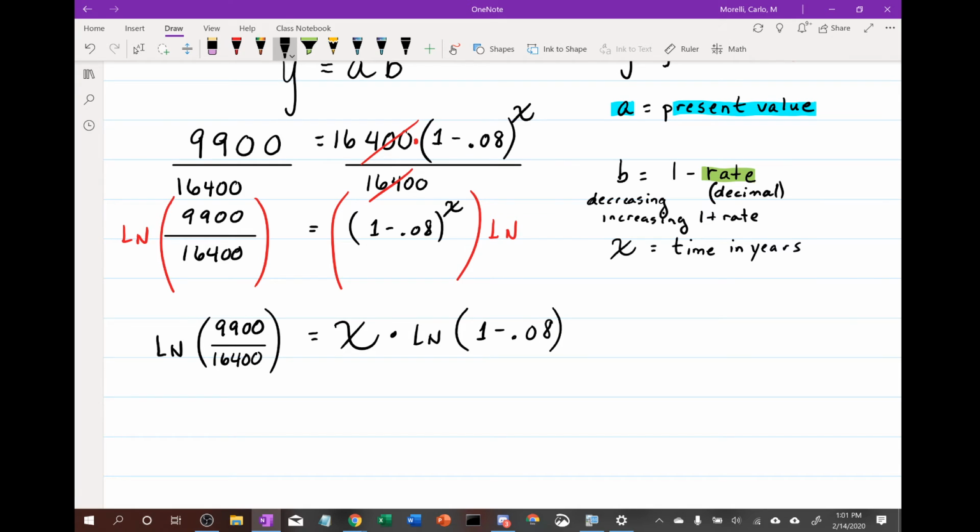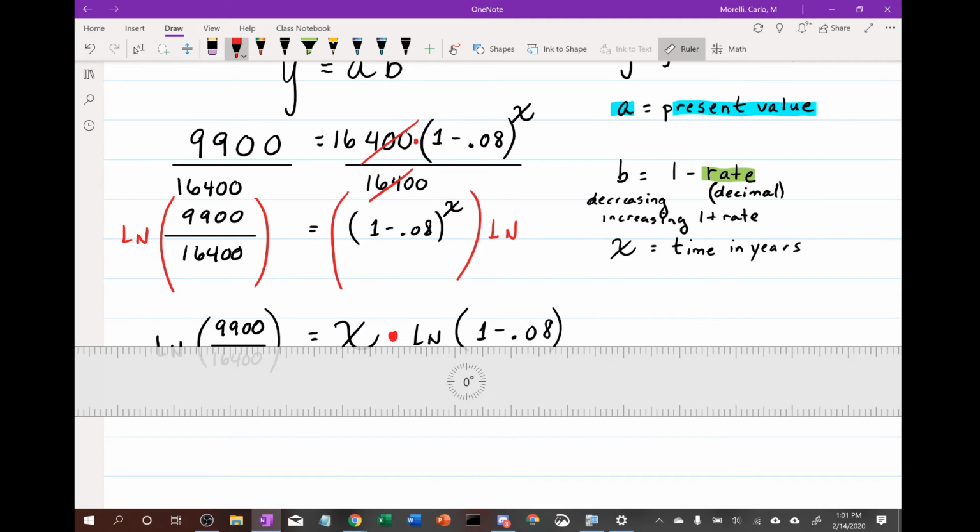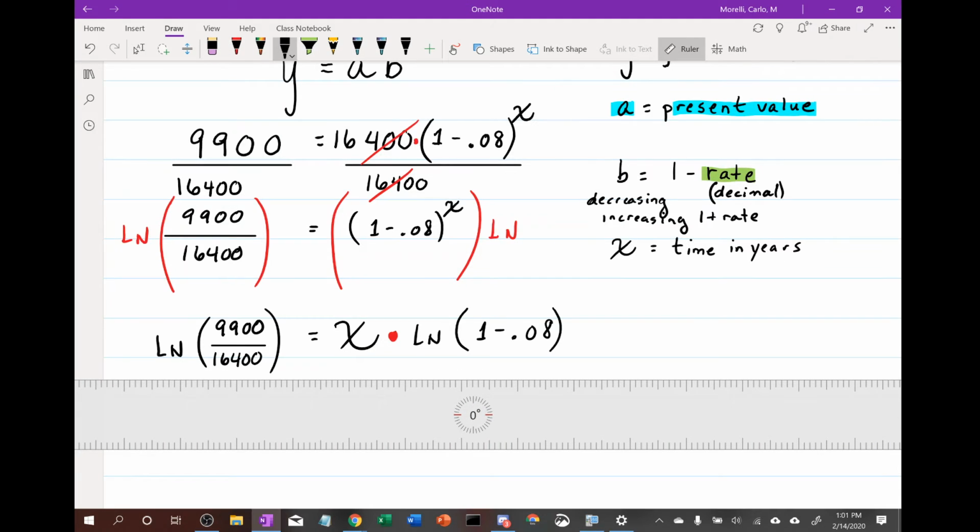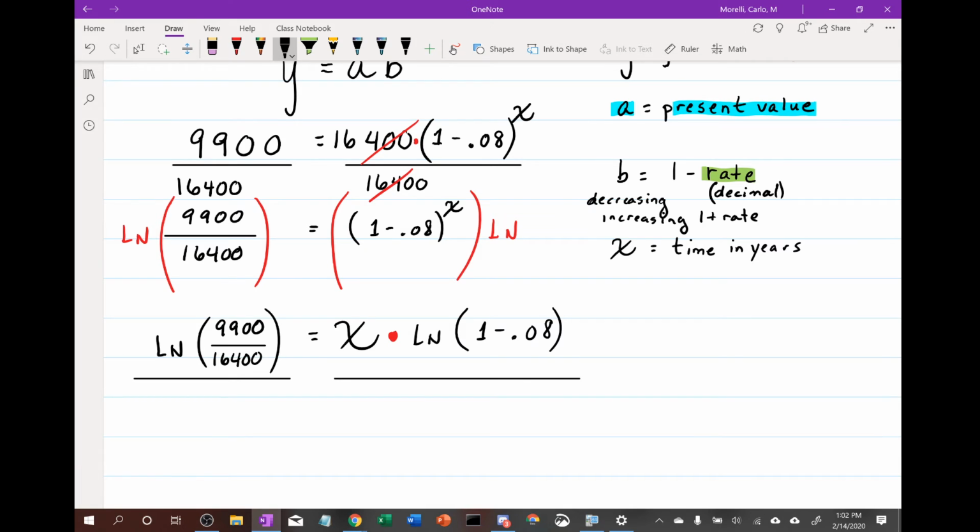Okay? Now I've got a final step. Here's the final step I need to undo. How do I undo that? Multiplication. Divide both sides by ln of 1 minus 0.08.